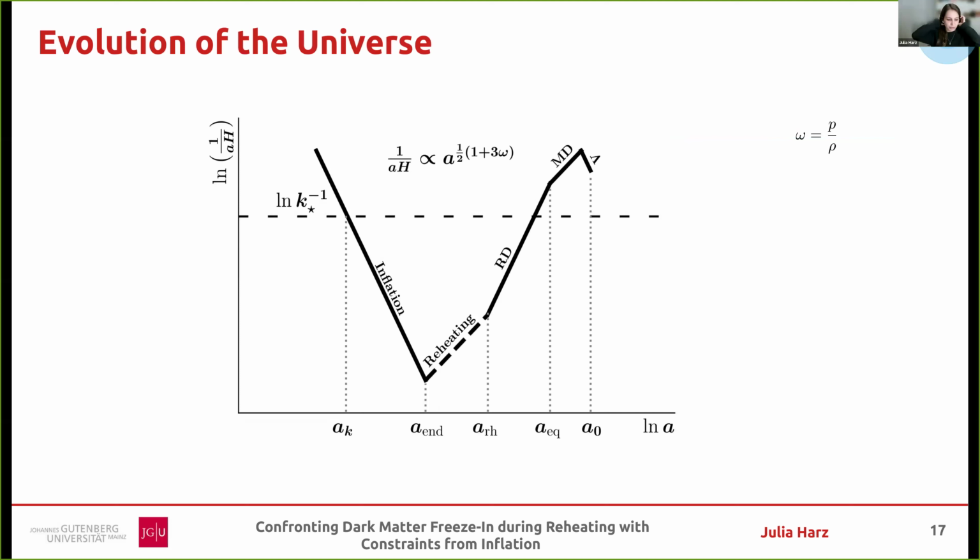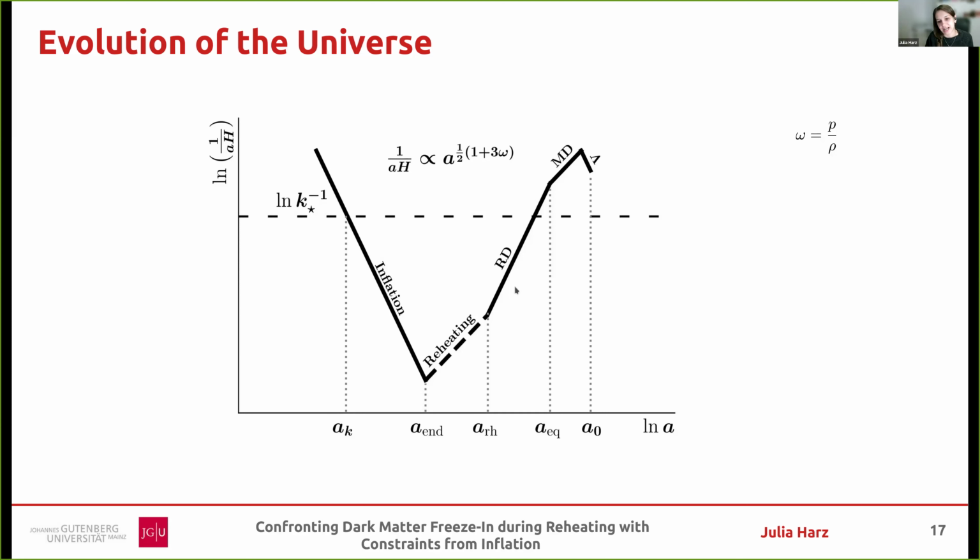Then we can put everything together, and this is what you see here. This is the scale parameter, and this is the logarithm of the so-called Hubble radius, which depends on the pressure and the energy density of the evolution of the scale parameter. And this is a certain physical scale.